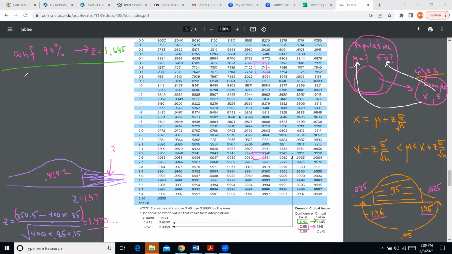So how about if I ask you for a little quiz to use this little table again? There is one more value here that says the confidence level is 99%. So find what z-score is going to correspond to this level of confidence.